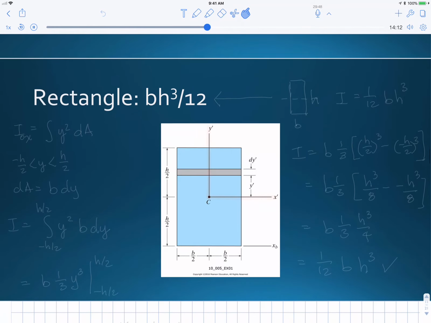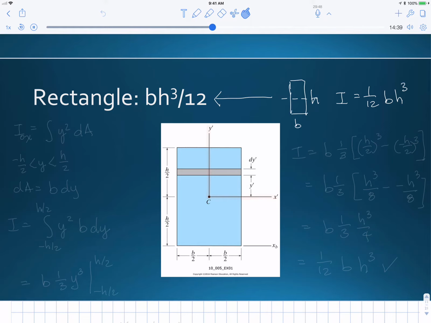The moment of inertia of a rectangle about an axis, if this is B parallel to the axis, and this is H, the moment of inertia is 1/12 base times height cubed. And by the way, moment of inertia always has units of length to the 4th.